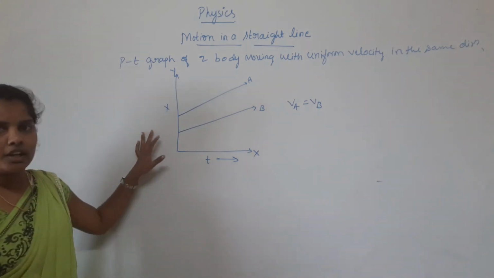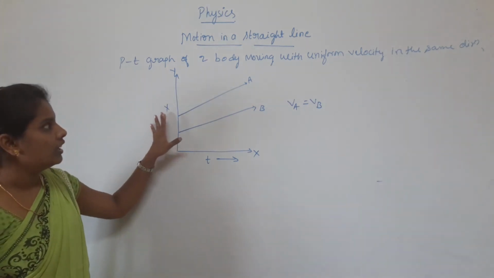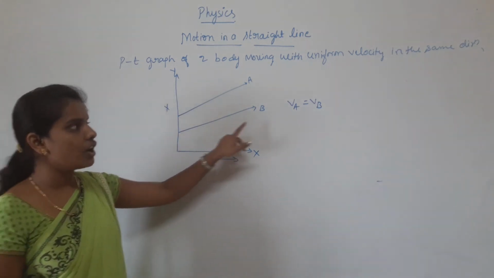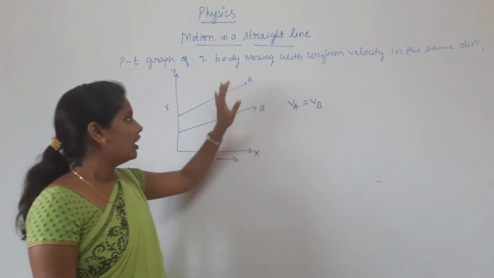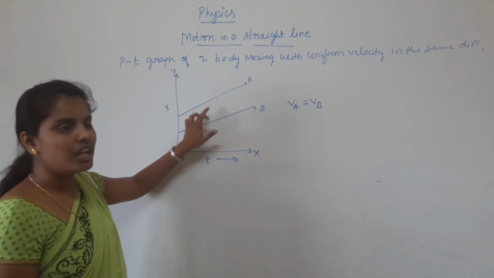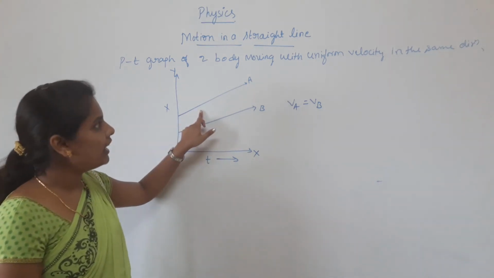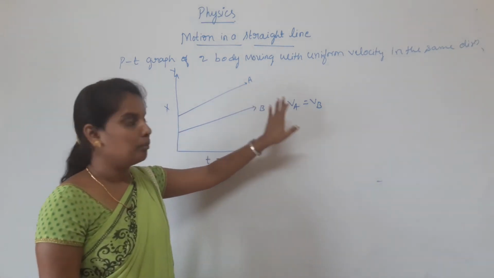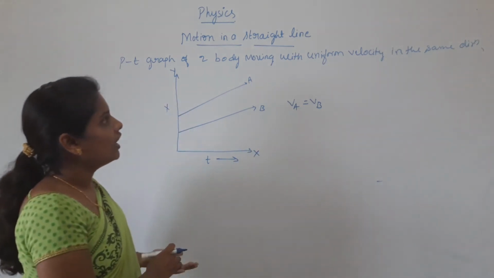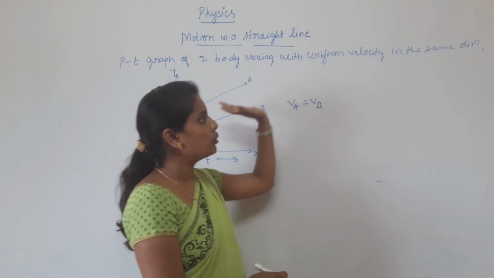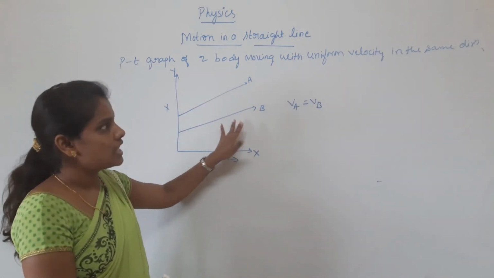Once again, this graph shows that the velocity of body A is equal to the velocity of body B. Body B is moving behind body A, but the velocity is the same. This is the uniform velocity of two bodies moving in the same direction.